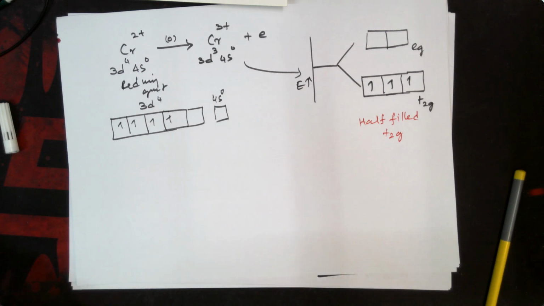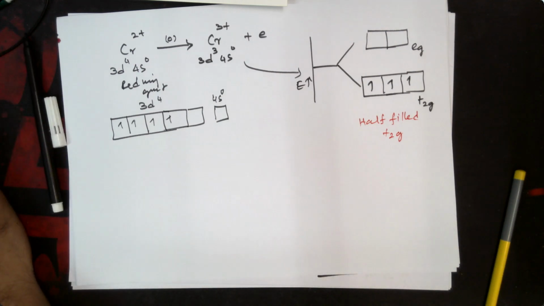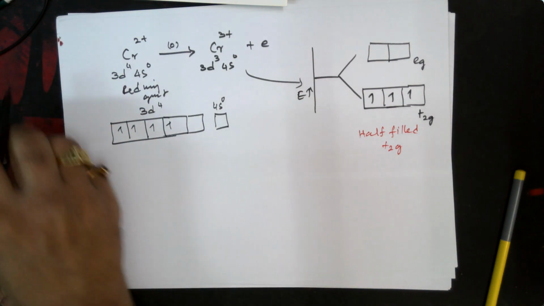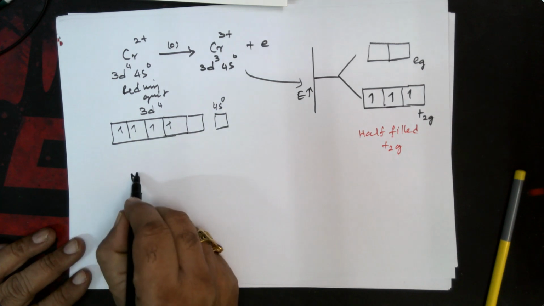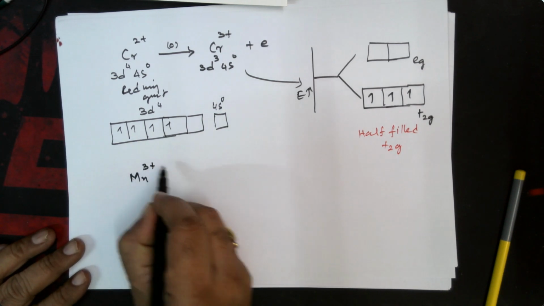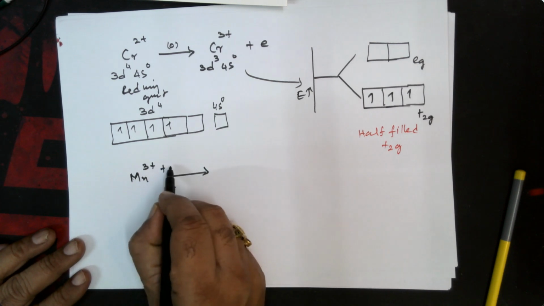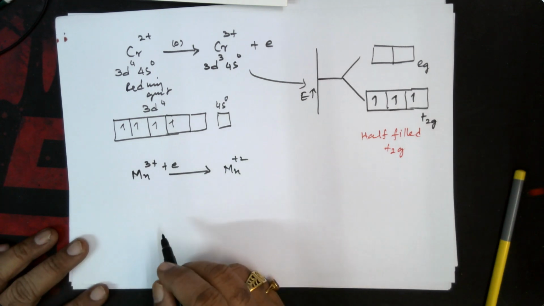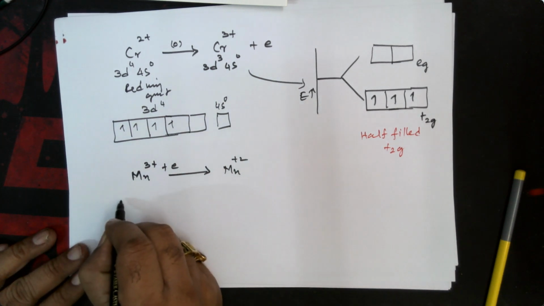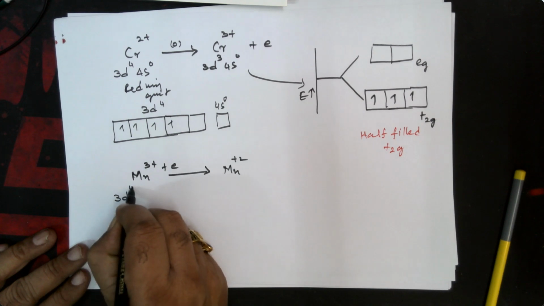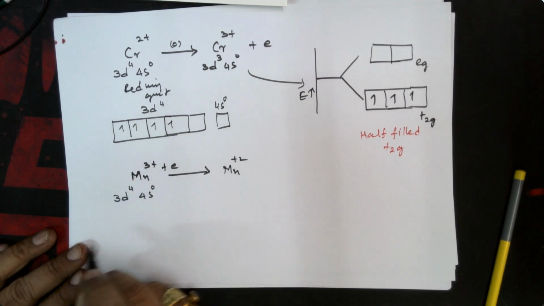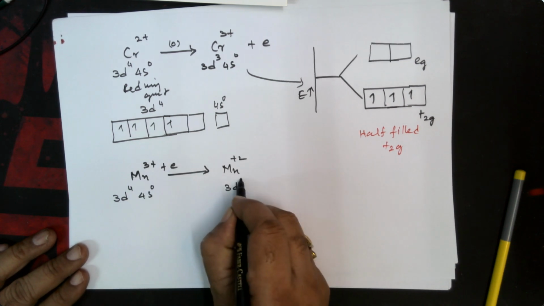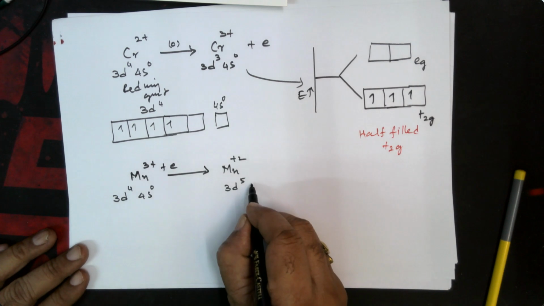Now try manganese. Mn 3 plus, by adding an electron, becomes the Mn plus 2 oxidation state. The electronic configuration is 3d4 4s0, and by taking one electron it becomes 3d5, the same 4s0.